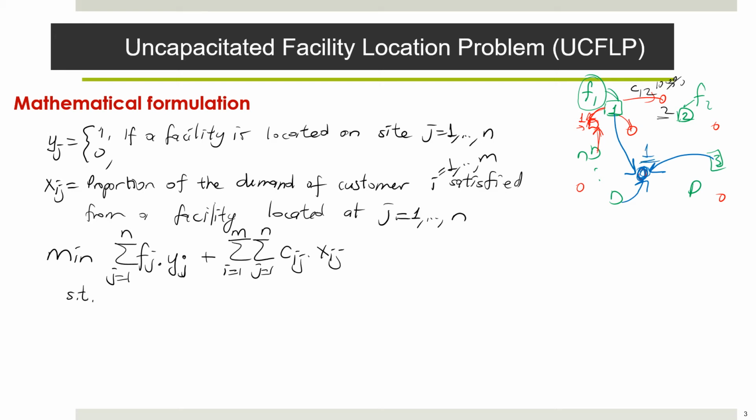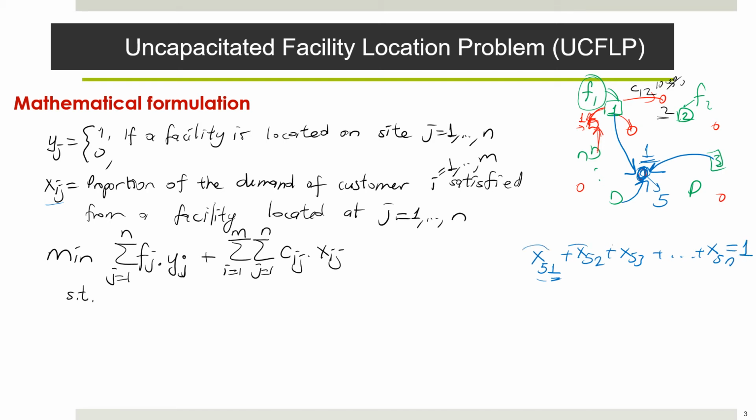In order to write this, let's say this is customer number 5. Remember, Xij is the proportion of demand of customer i. So for customer 5, X51 is the demand coming from the first location, plus X52, plus X53, and so on for all potential facilities, up to X5n, and this should add up to 1.